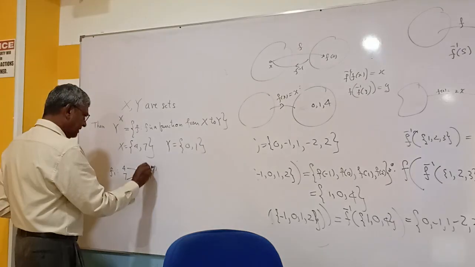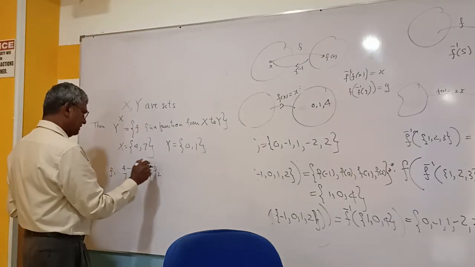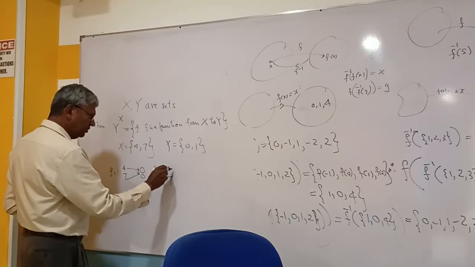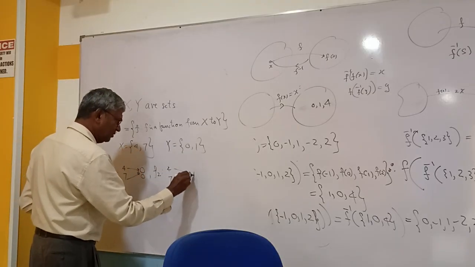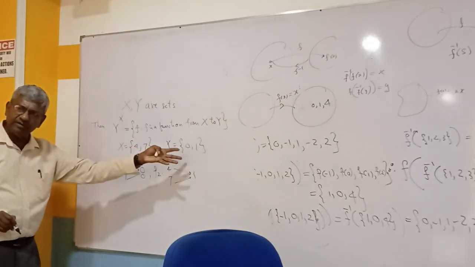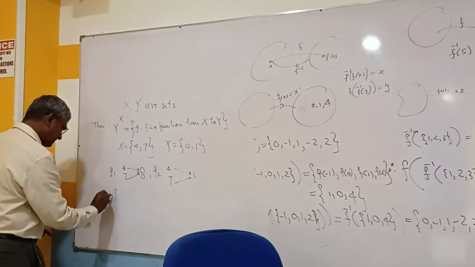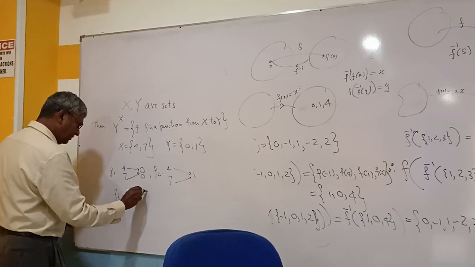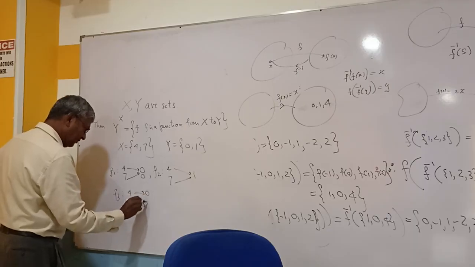Then f2: 4 and 7 both go to 1. Then f3: 4 goes to 0, 7 goes to 1.